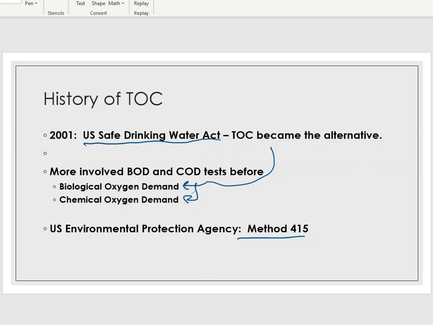So this was kind of the EPA's blessing on the TOC analyzer. We get this method called 415 that comes out of this, and then Method 415 was adopted across various laboratories in the United States when this became available. So that was very good.